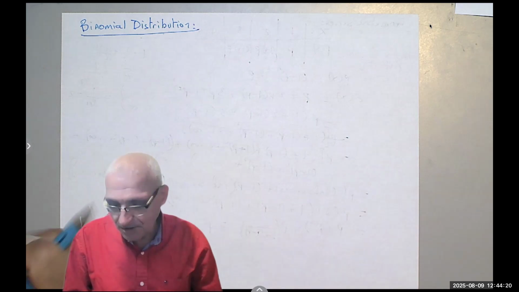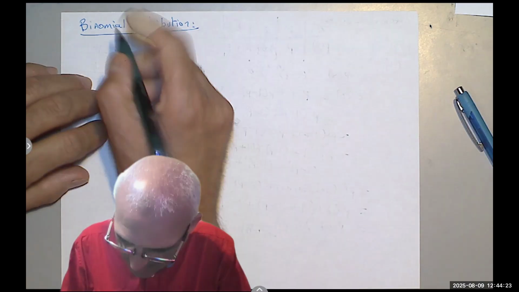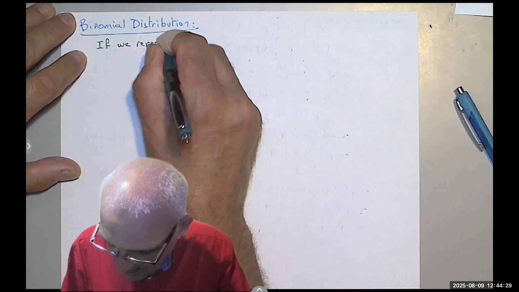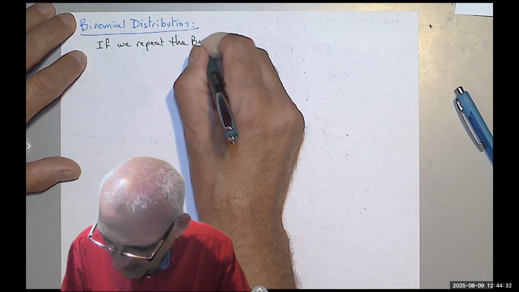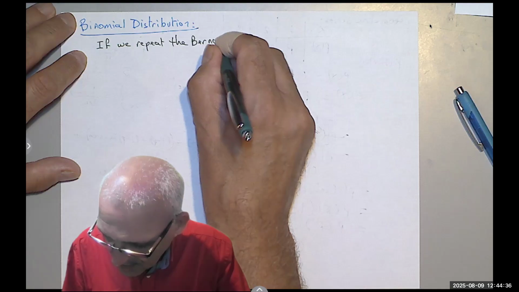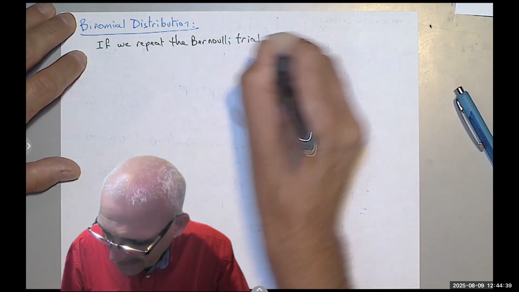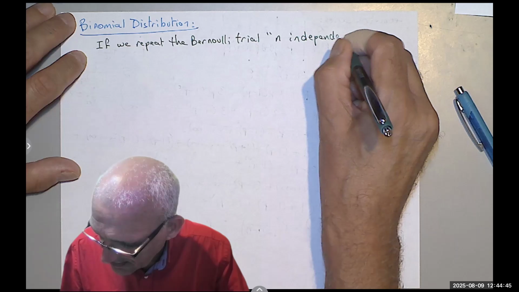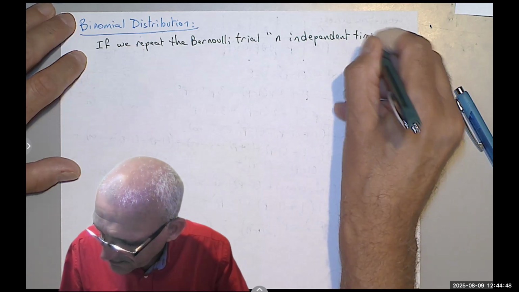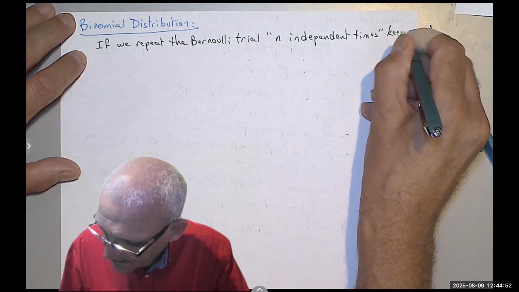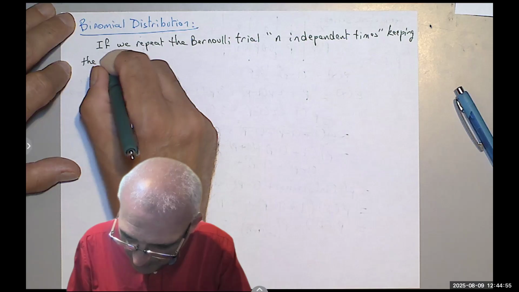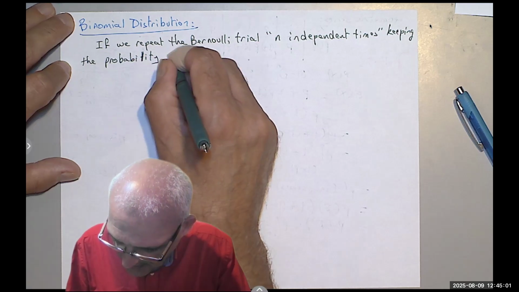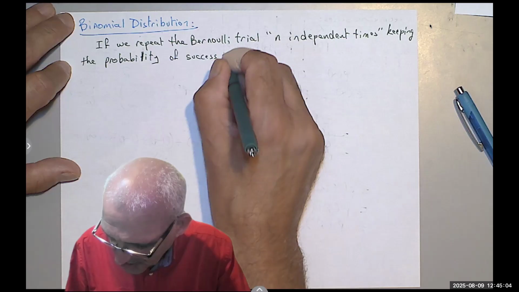The binomial distribution is if we repeat the Bernoulli trial, both start with B, right, n independent times, keeping the probability of success unchanged.